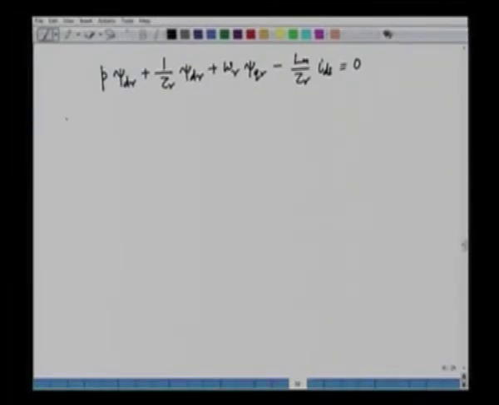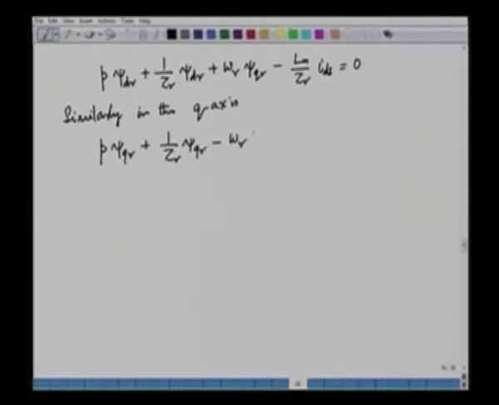Similarly, in the q axis, we can rewrite the equation in the following fashion: P psi qr plus 1 by tau r into psi qr minus omega r into psi dr minus Lm by tau r into IQS, that is equal to 0.